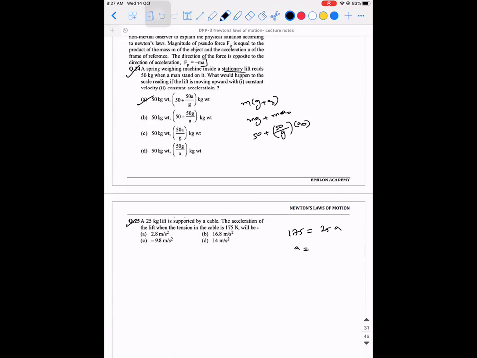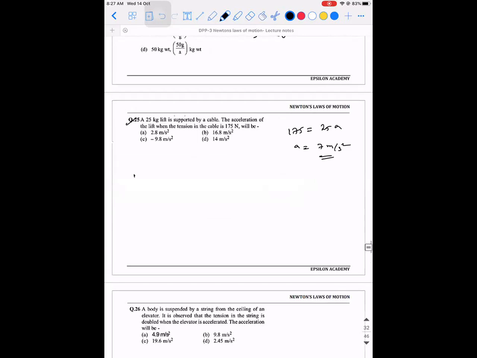Seven. 7 should be the answer. But there is no option, right? I think some data is missing. Invalid. Forget this.